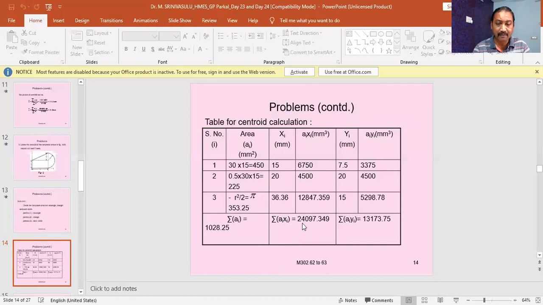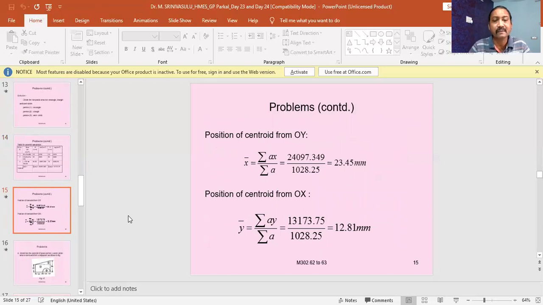It is becoming 24097.349 cubic millimeters. Now the algebraic sum of sigma ai into yi, nothing but a1 into y1 plus a2 into y2 plus a3 into y3. It is becoming 13173.75.